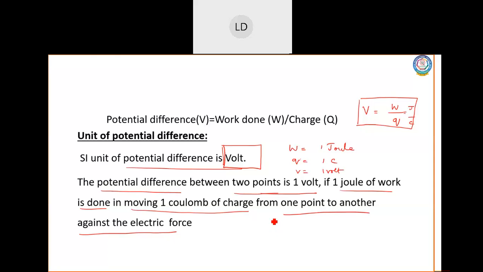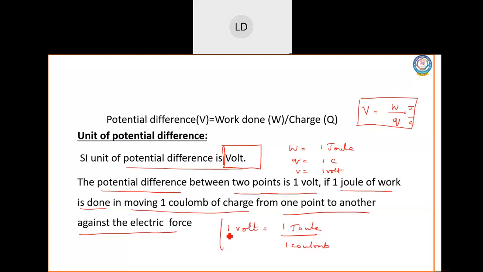Very, very important definition. So I have discussed 3 definitions here, children. One is electric potential. The second one is potential difference, and what is the unit of potential difference, and when the potential difference between 2 points is 1 volt. So 1 volt, I can have the formula here: 1 volt is equal to 1 joule by 1 coulomb. Is it clear?